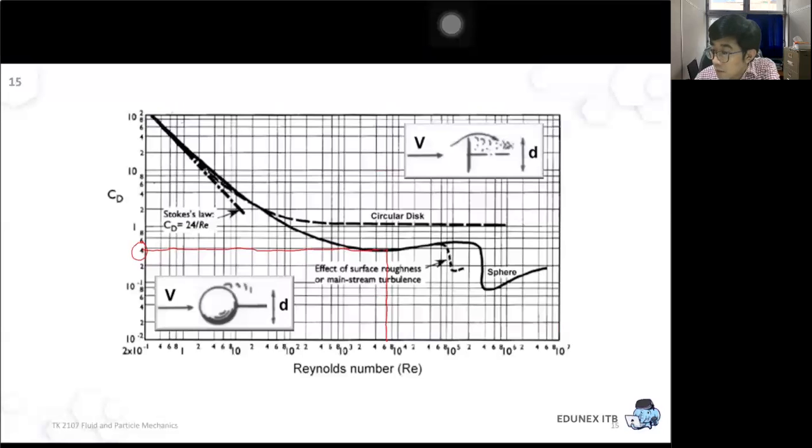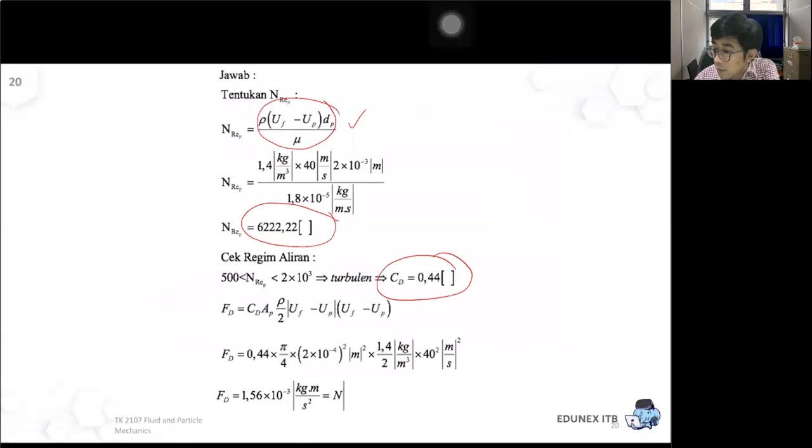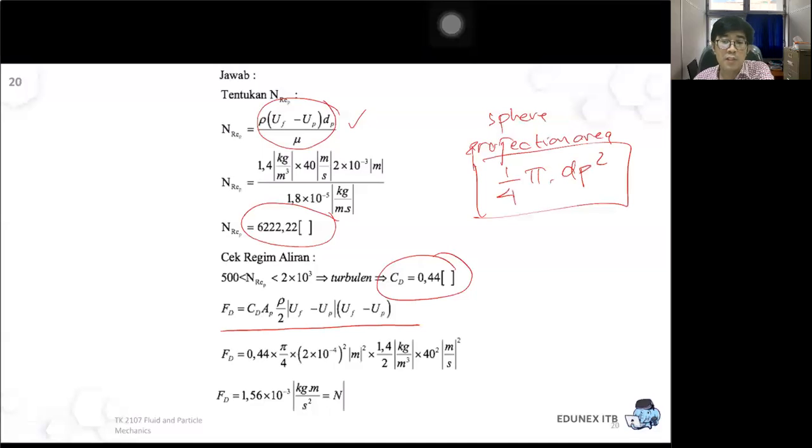Okay. After you get the value of the drag coefficient, then you put it into the equation to calculate the drag force. Since it is a sphere, the projection area for a sphere will be this one, right? The circle area.